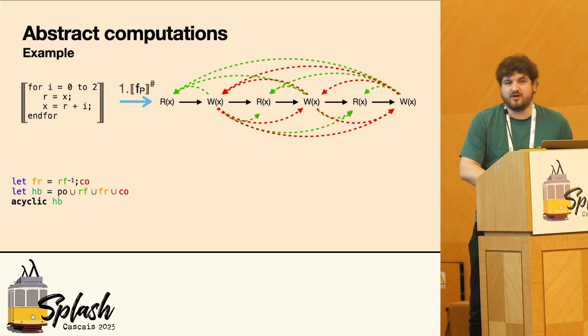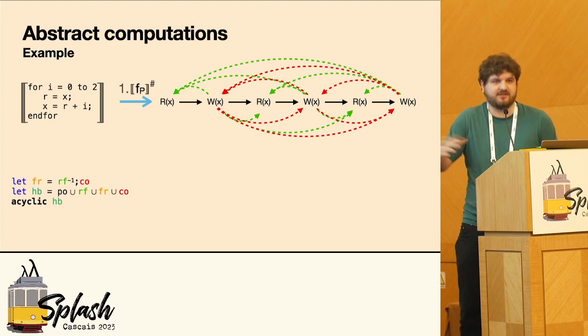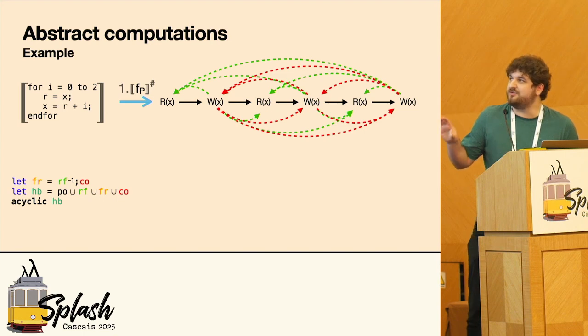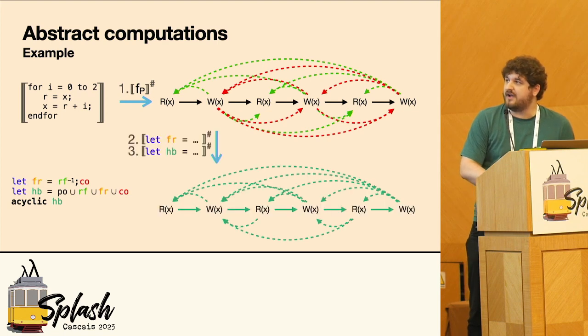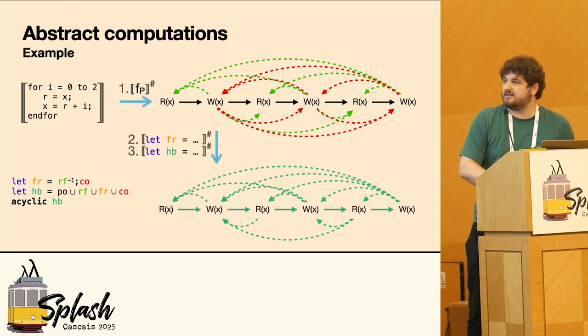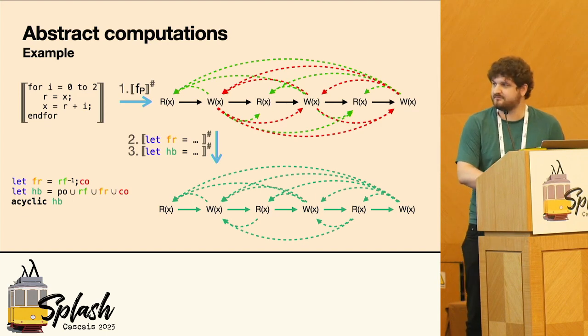The program order is fixed, so we have a lower bound that is precise, because the syntax is fixed. But with respect to read-from and coherence, we don't know much. So these dashed edges are the upper bound, okay? Everything can be connected with everything else. Now we can propagate this information upwards, and get the following happens-before graph of possible happens-before relationships.